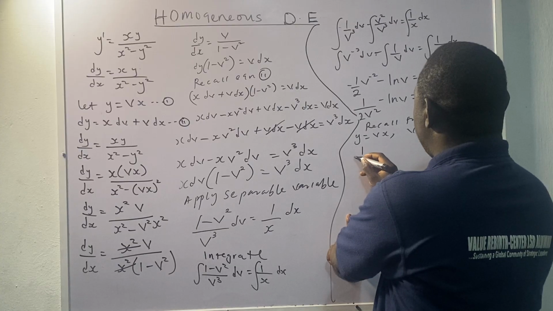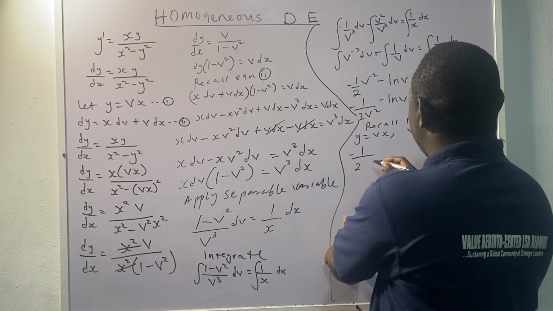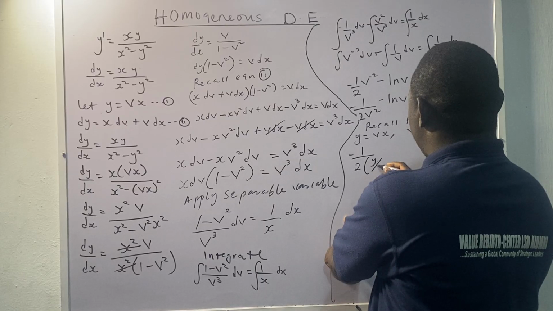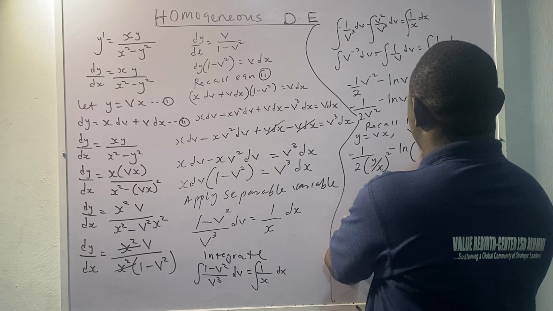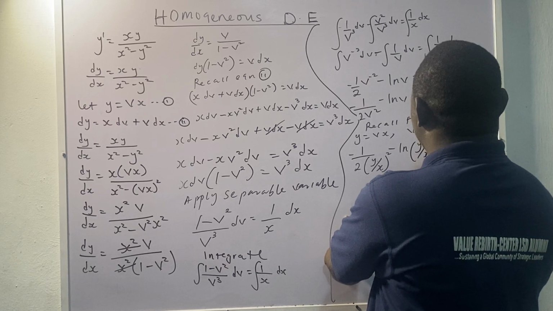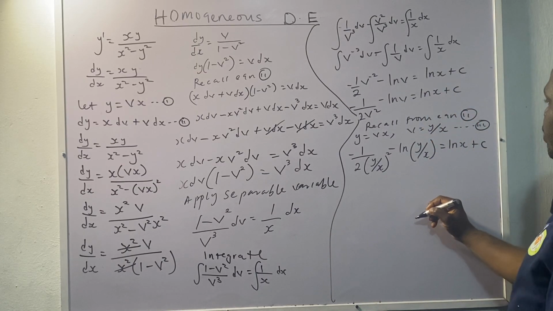So come here. You have minus, so this is y over x all square. So we have this ln x plus c. So this is what you have.